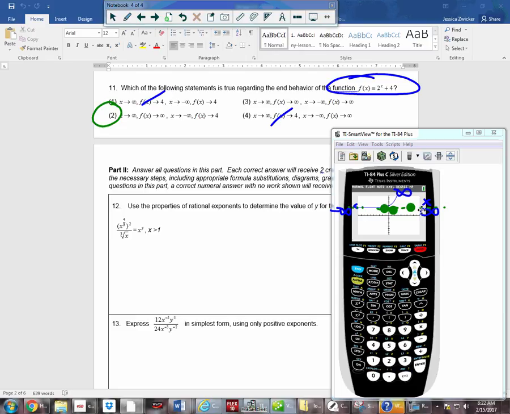Okay, that was the major difference between our exponential graphs and our polynomial graphs. Okay, so as we approached negative infinity on the x-axis, we did not go up and down here, we leveled out. And that leveling occurred at the asymptote.